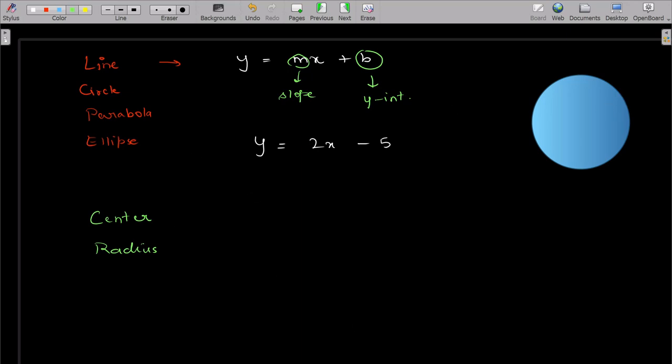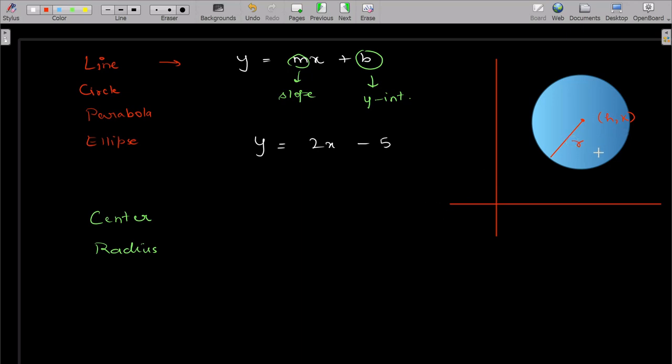So if this is a circle, let me draw the x-axis and y-axis, you should know the coordinates of this point. Let's say that this point has coordinates h comma k, and the radius of this circle is r units.